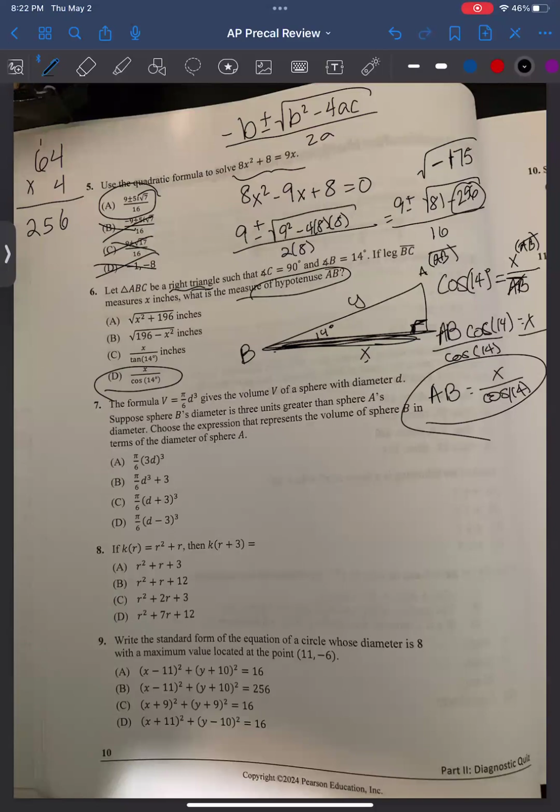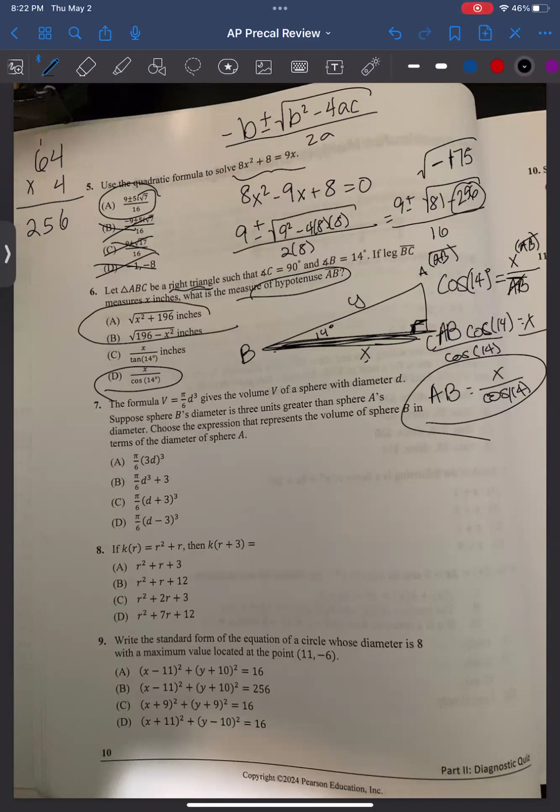If they had told me side AC was 7, then I would need to use sine instead of cosine, right?